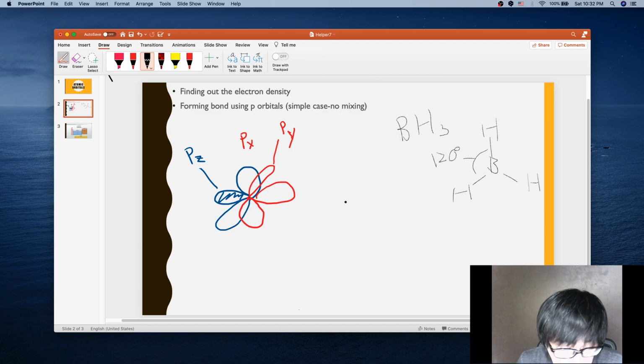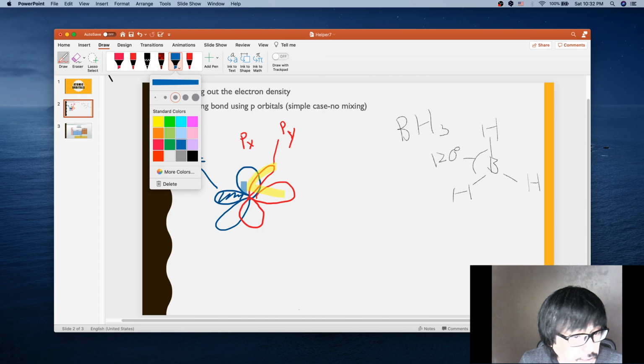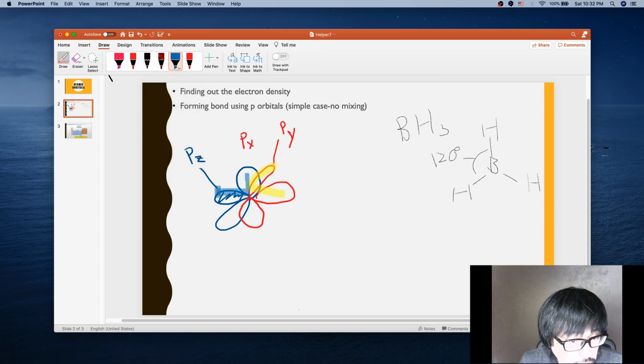But there is a problem here, because p orbitals are 90 degrees to each other, right? That angle is 90 degrees, and that angle is also 90 degrees. So how can you make 120 degrees? You can't possibly do that with p orbitals.